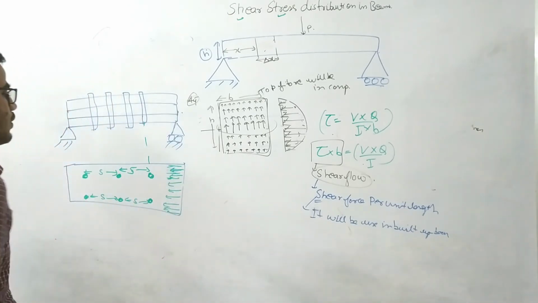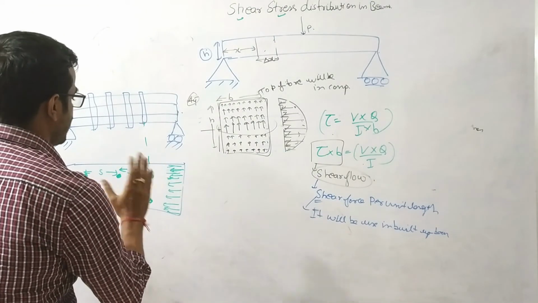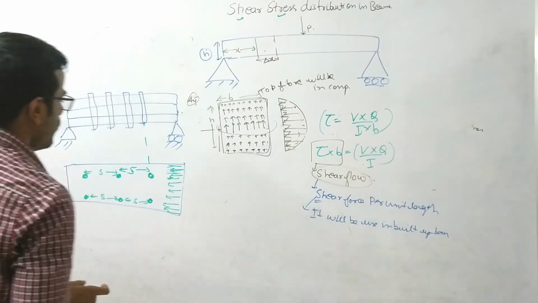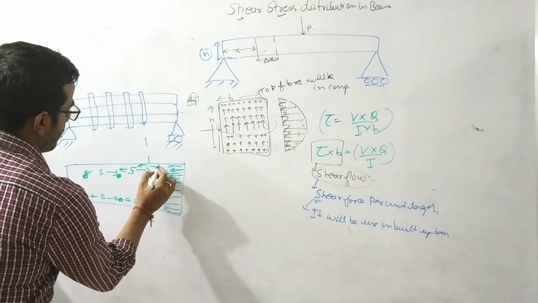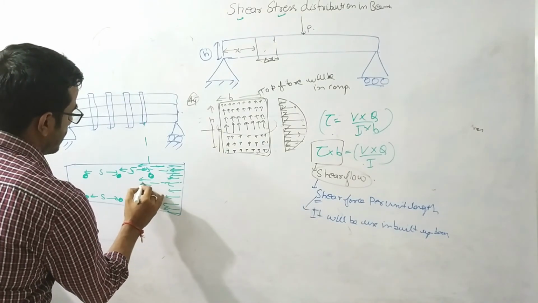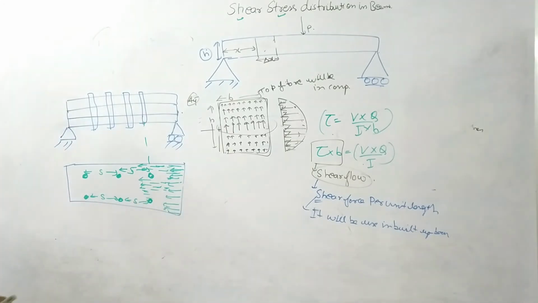So this is the variation of the horizontal shear stress at this portion. This is my horizontal stress distribution.